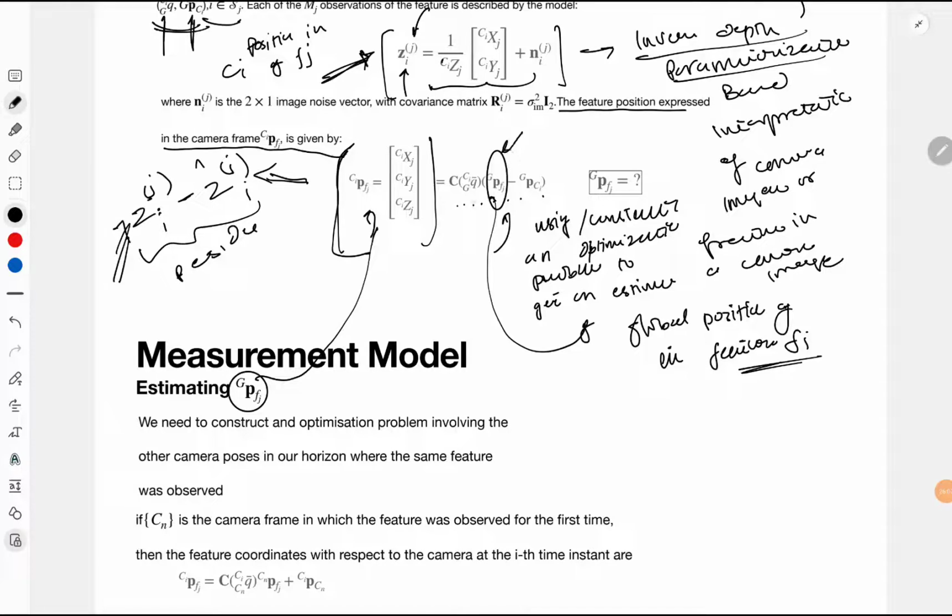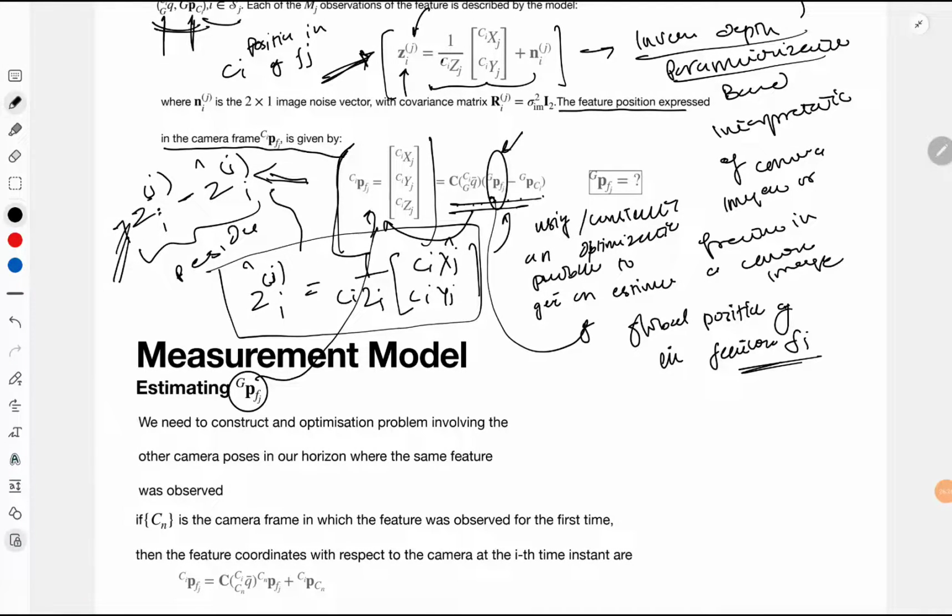So if you have this thing, you can use this formulation to figure out this thing, which would equal this, and that would become your predicted measurement, and the difference of these two things would become the residual of your Kalman filter.